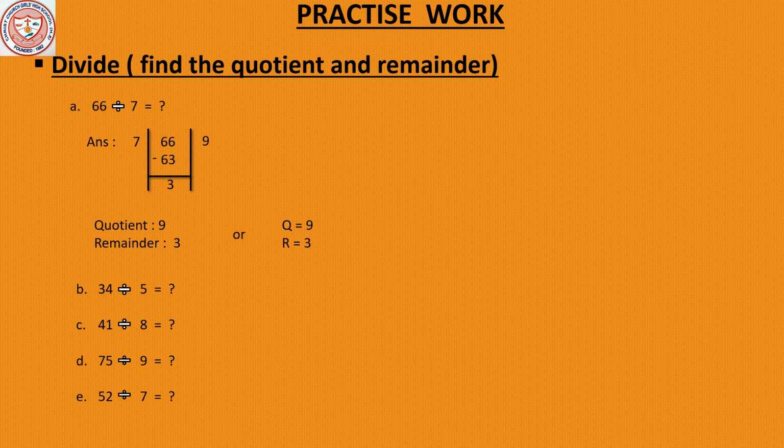So, you have to find the closest smaller number to the dividend, and that is 7 9s are 63. So, write 9 beside the dividend and write number 63 below the dividend.